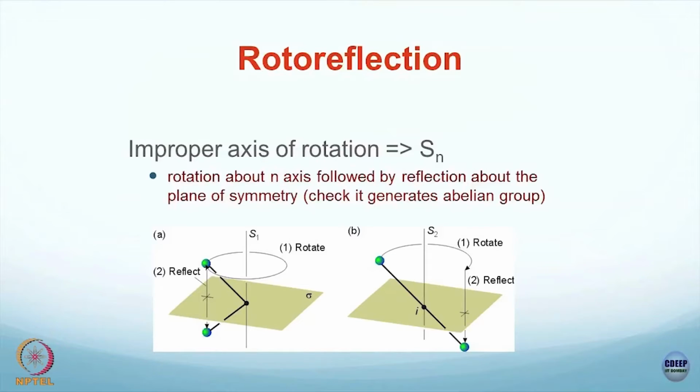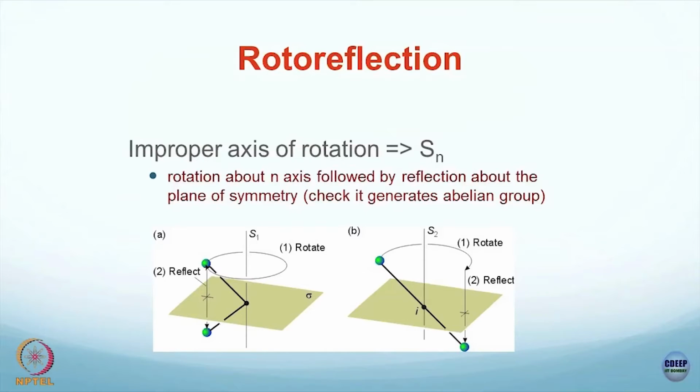Subscript 1 means you do no rotation at all. So, you have an element, rotation about the n-fold axis is the identity operation, and then you do a reflection about the plane, which means this element goes here below. Are you all with me?